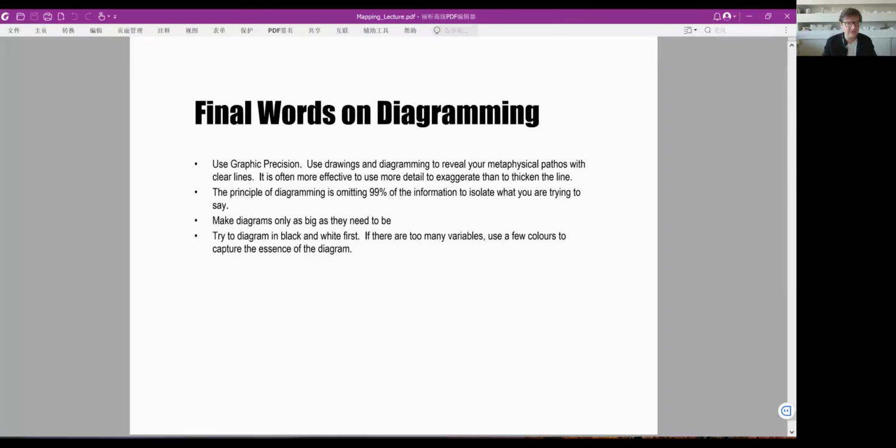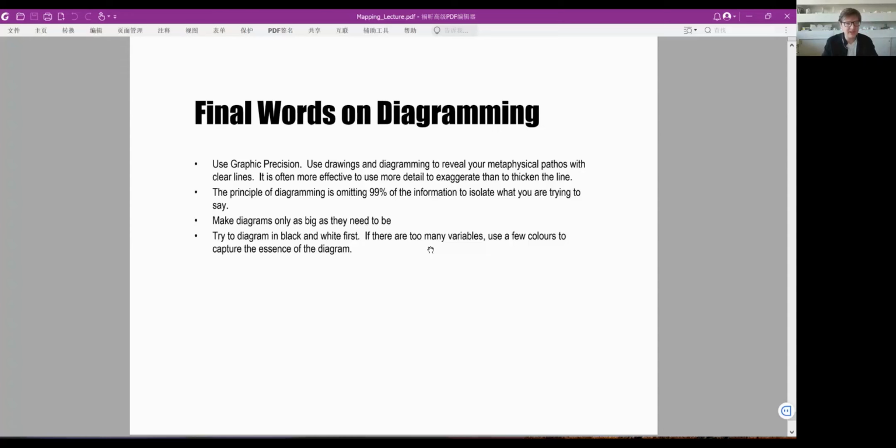So you have to reach a level of abstraction, of leaving stuff away to find the unit idea. Make diagrams only as big as they need to be. Sometimes a diagram should fit on a stamp in order to understand, to reveal the unit, the core idea.